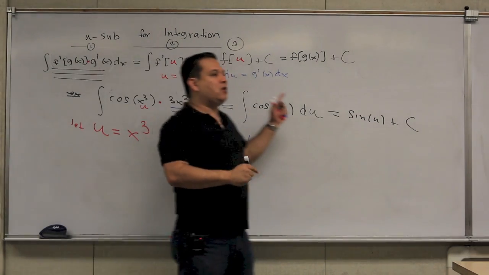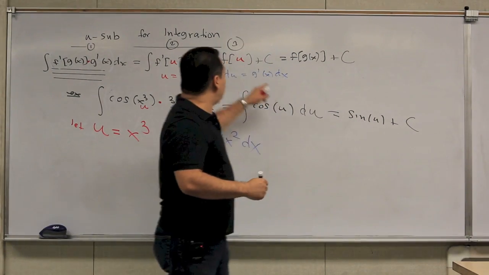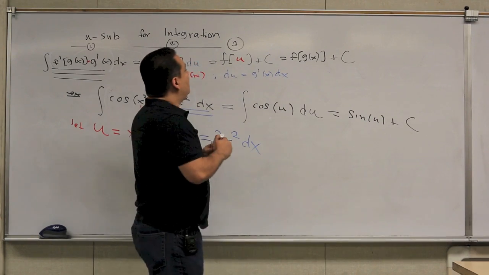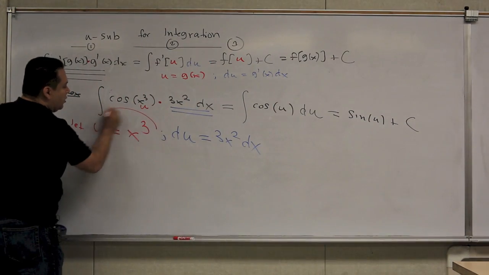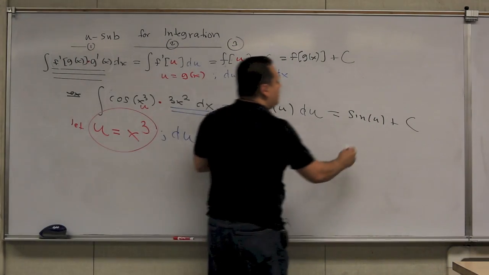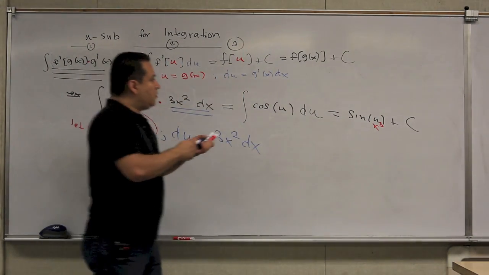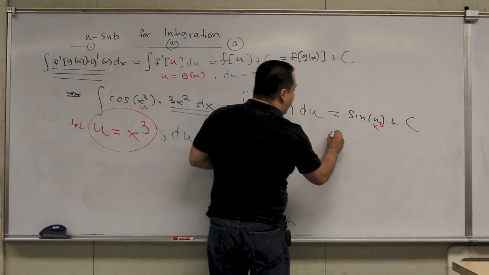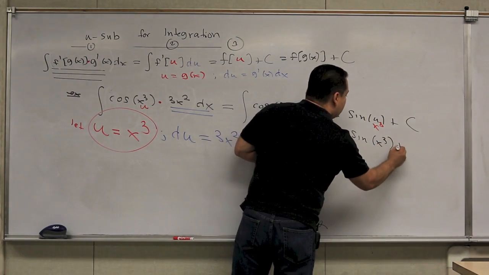This answer is a function of u. How do you finish this process? What was u to begin with? x cubed. So you're going to plug back in an x cubed, so that your final answer for this problem is sine of x cubed plus C.